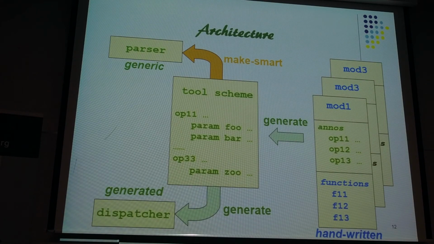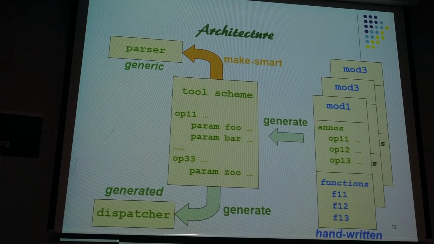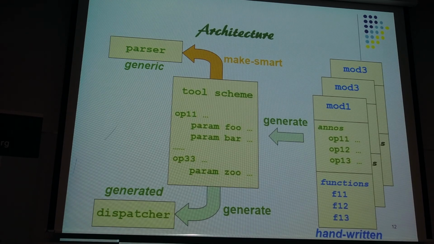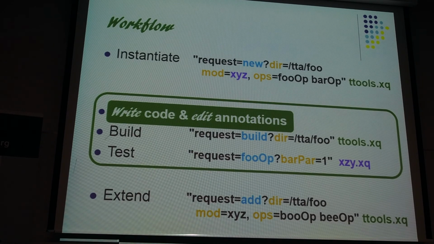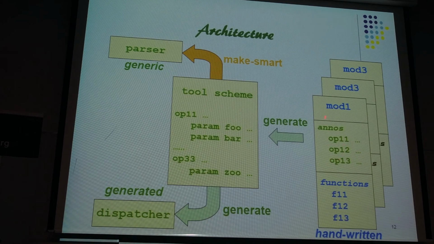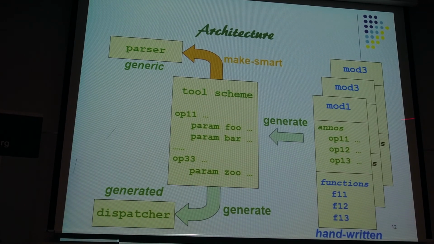So this is the architecture, or I don't know how to call it, what is behind. There is one tool directory, and there you drop your modules. The modules contain functions and annotations. Then when you call build, it generates a tool scheme.